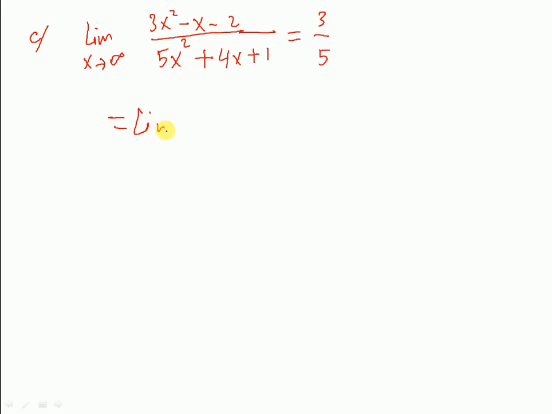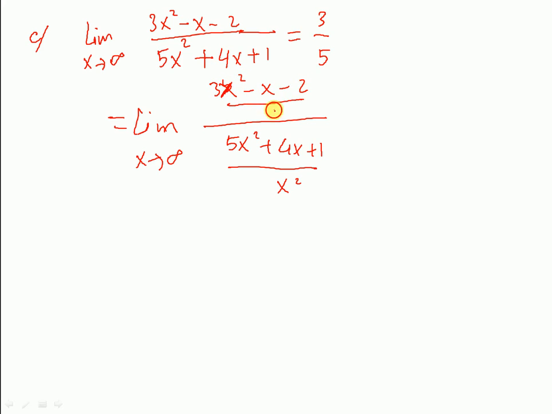So let's try that. Limit when x goes to infinity. Now the largest degree at the bottom is x squared, so we divide the top and the bottom by x squared. The top is 3x squared minus x minus 2 divided by x squared.